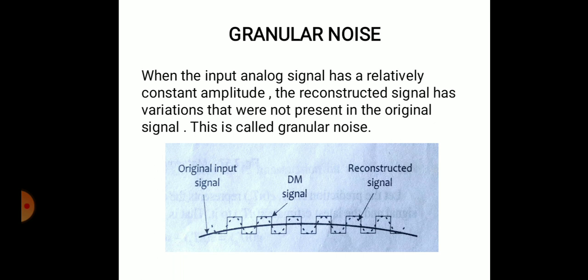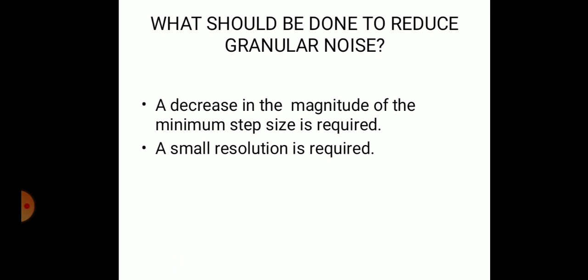Similarly, like slope overload distortion, there are some steps to reduce granular noise also. What are these? There are two steps. One is a decrease in the magnitude of the minimum step size is required. Number two, a small resolution is required.